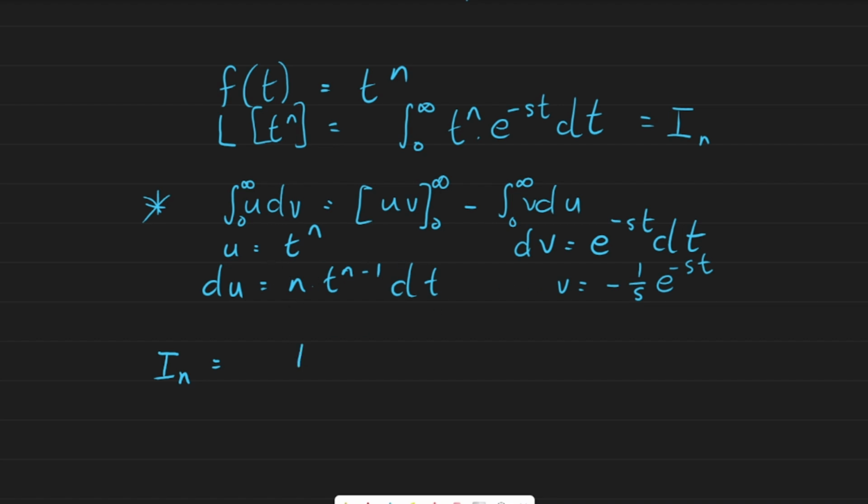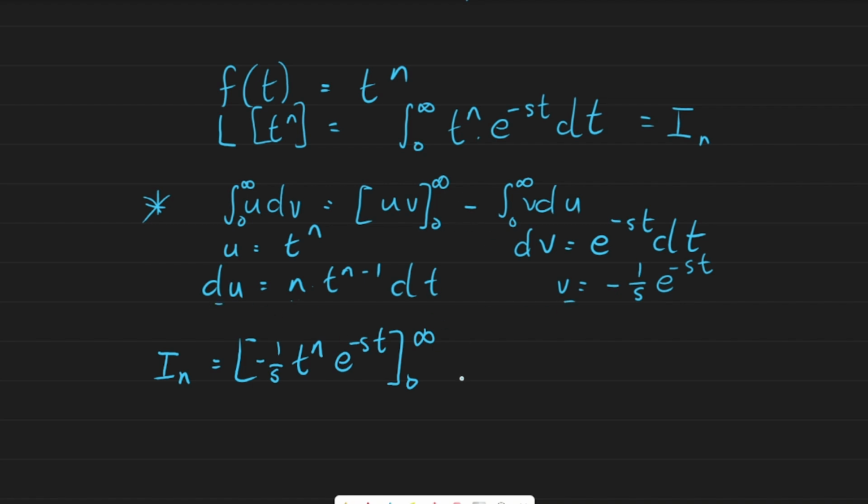We have t to the power n, then we have v, so we're multiplying this by minus 1 over s times e to the minus st, and we're integrating this from 0 to infinity. The next term here is the integral of v du, so there's v and there's du.